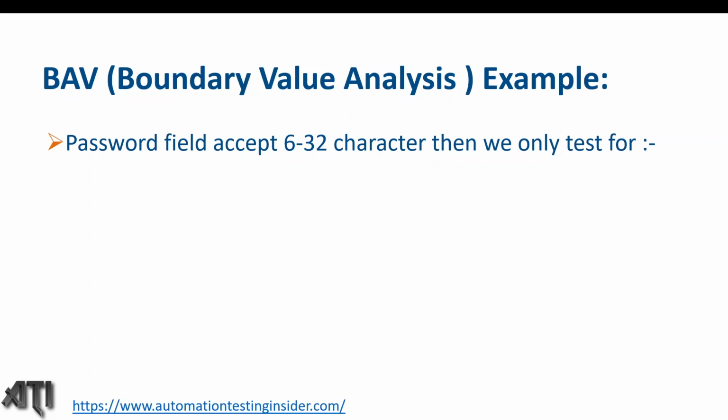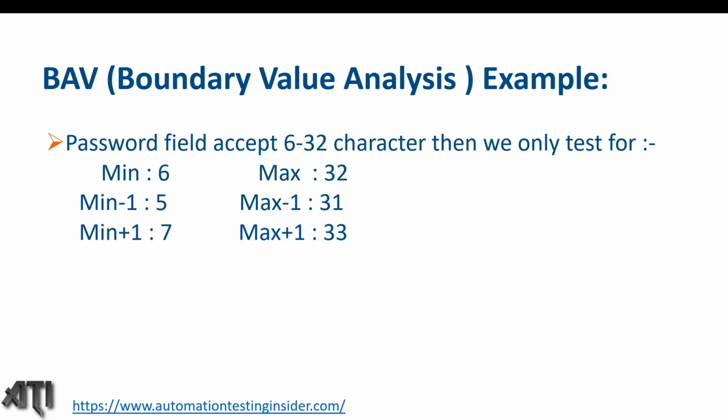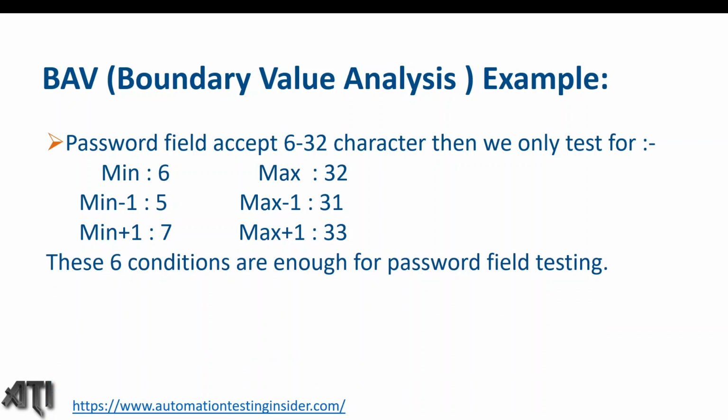Password field accepts 6 to 32 characters, then we only test for minimum 6, maximum 32, minimum minus 1 which is 5, minimum plus 1 which is 7. Similarly we have the maximum side, so it should take 6 to 32. What are the invalid values here?